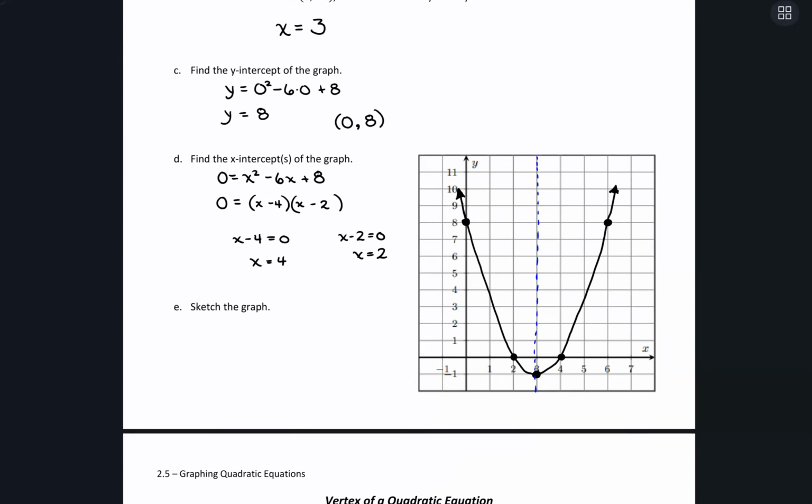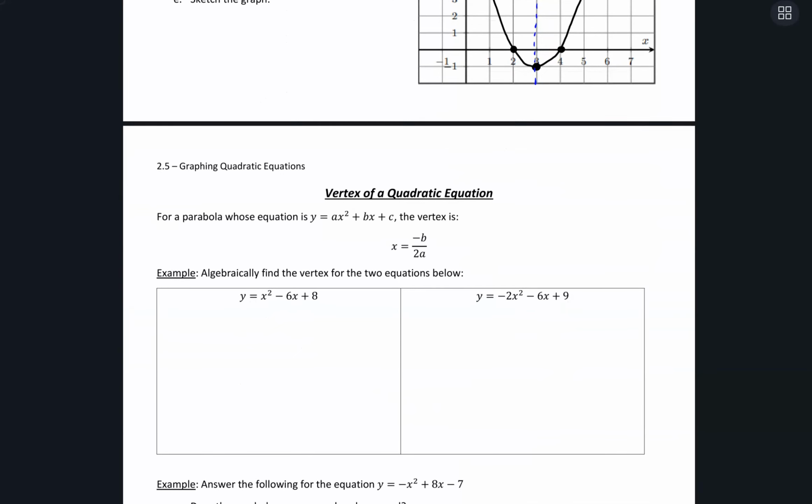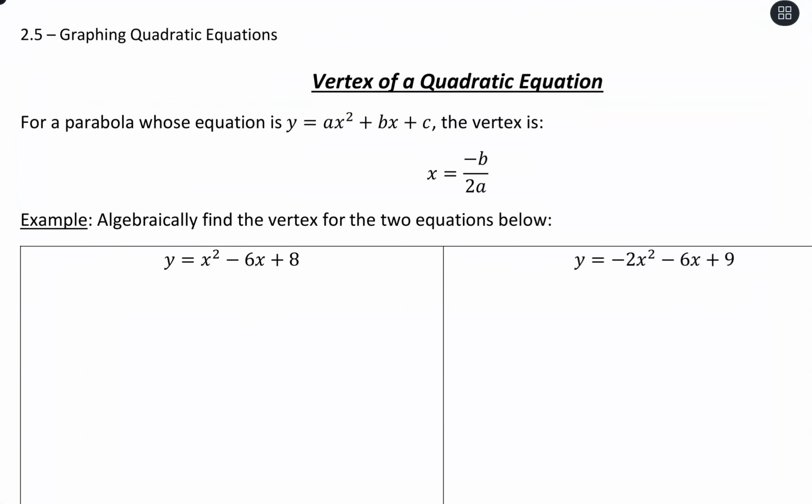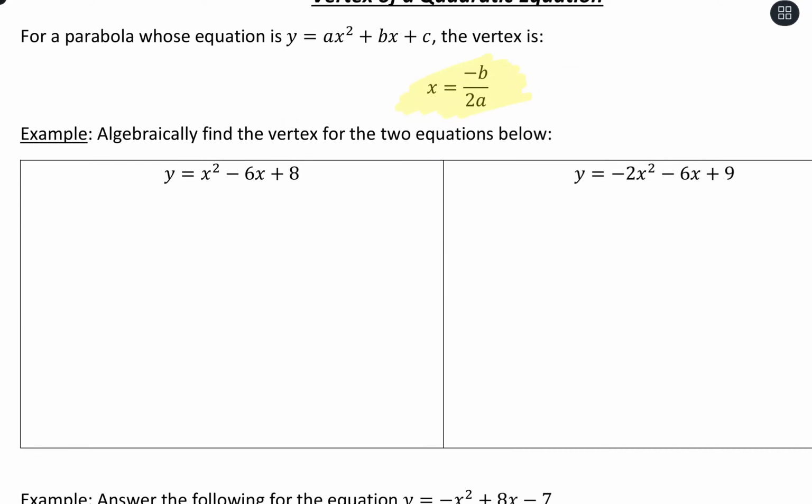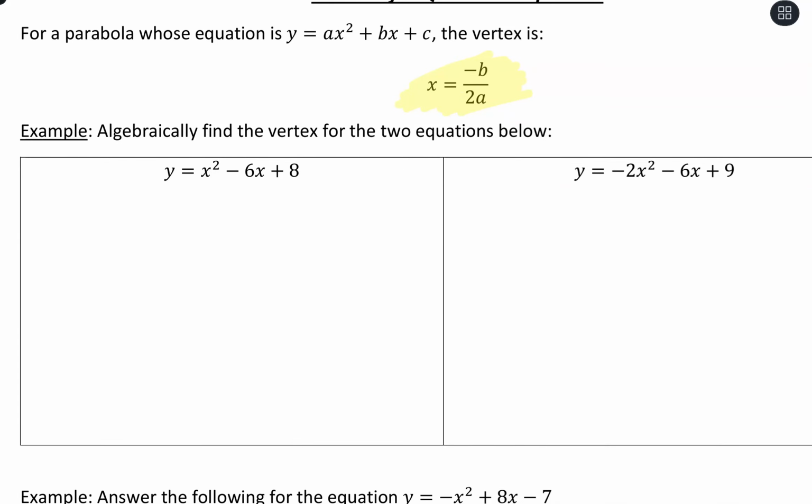Let's go ahead onto this next piece, talking about the vertex and how we find the vertex. If we have this format, ax squared plus bx plus c, we can use x equals negative b over 2a to solve for the x-coordinate. With these equations, we're going to work with a is 1, b is negative 6, c is 8, just like we did with our quadratic formula.